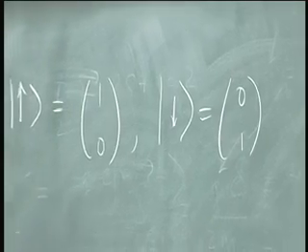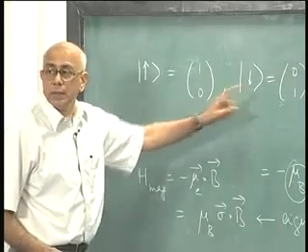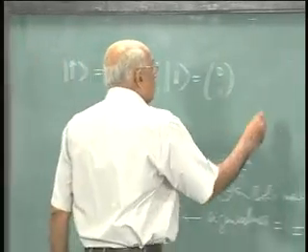I choose the z axis as my axis of quantization for the moment. Then the complete set of spin states of the electron is comprised of just two orthonormal states, which is this and this, and they are each normalized.